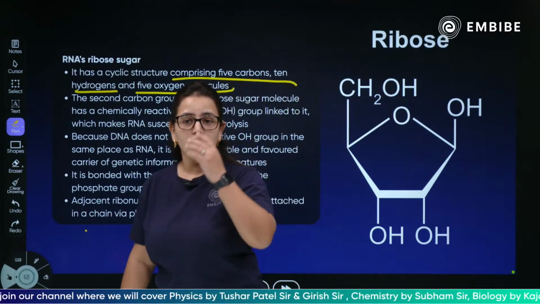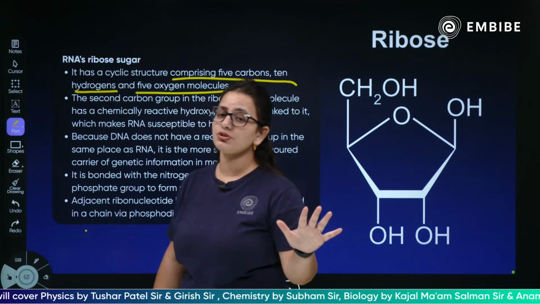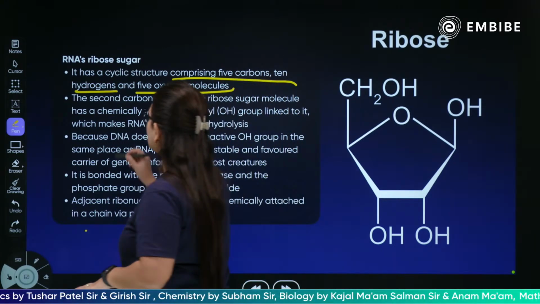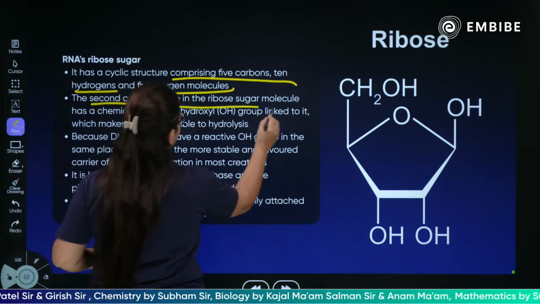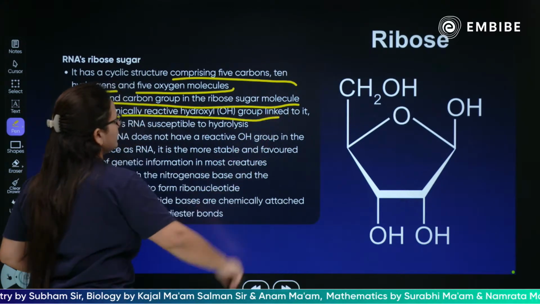Talking about the structure of the ribose sugar, we have a cyclic structure with 5 carbons, 10 hydrogens and 5 oxygens. The second carbon in the ribose sugar has a very chemically reactive hydroxyl group linked to it.